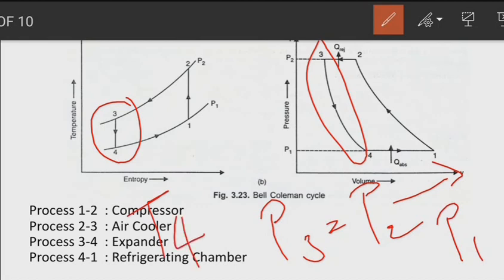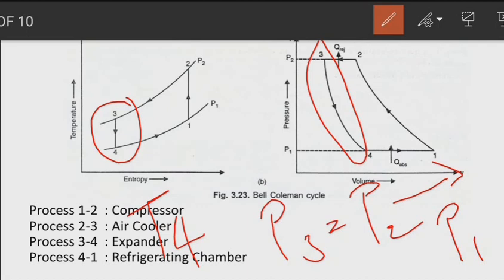So the temperature T4 is sufficiently below the temperature of the refrigerating chamber, and the work made available during the expansion process assists the running of the compressor unit. You can see in the earlier figure that there is an expander.